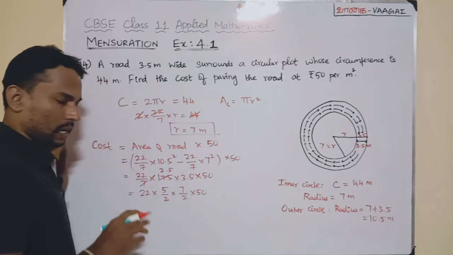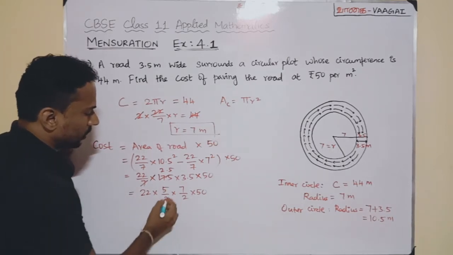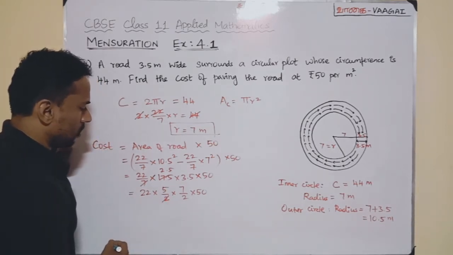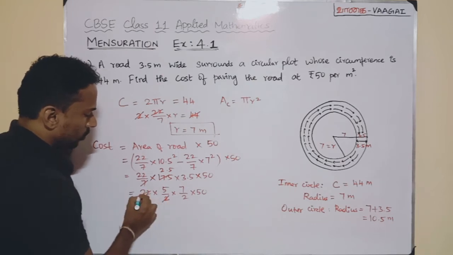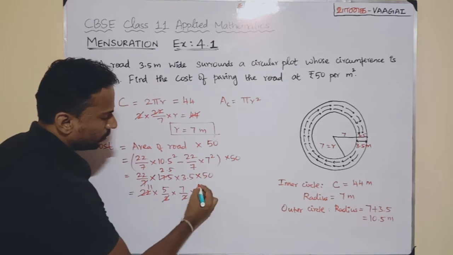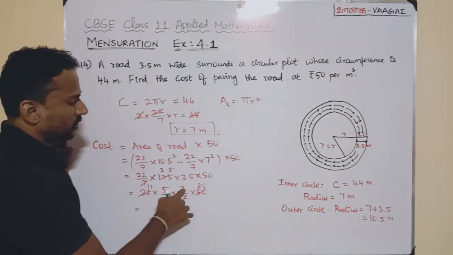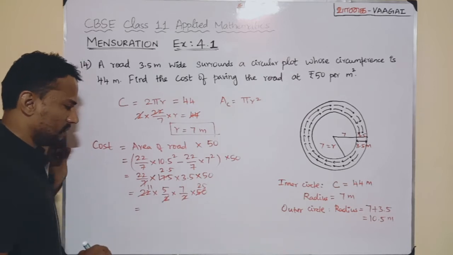I'm just removing all the decimals. Now again I can cut the numbers. So 2 and 22, this will be 11 times, and again 2 and 50 will be 25 times. So now I will have 11 into 5 into 7 into 25. This is what I will be having.